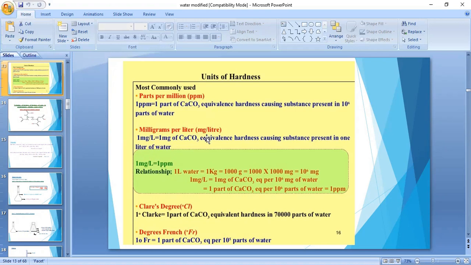Then coming to milligram per liter, 1 milligram per liter is equal to 1 mg of CaCO3.